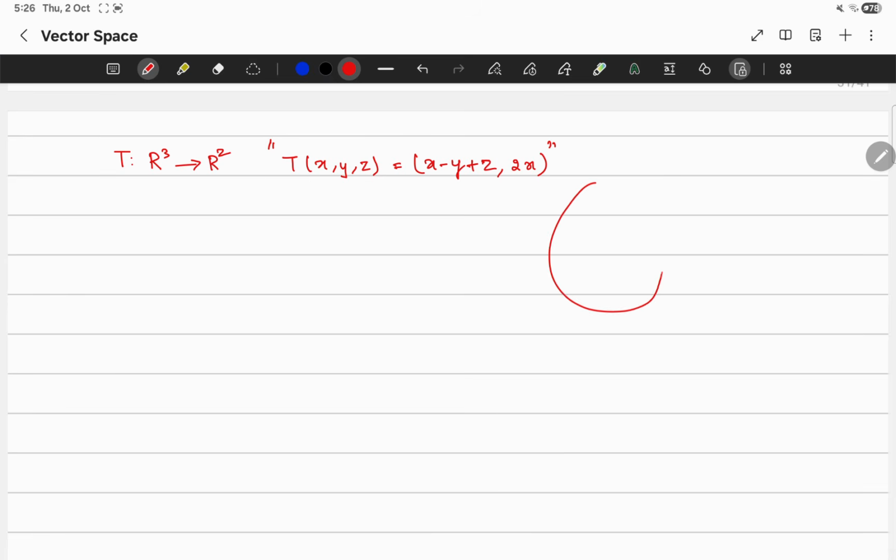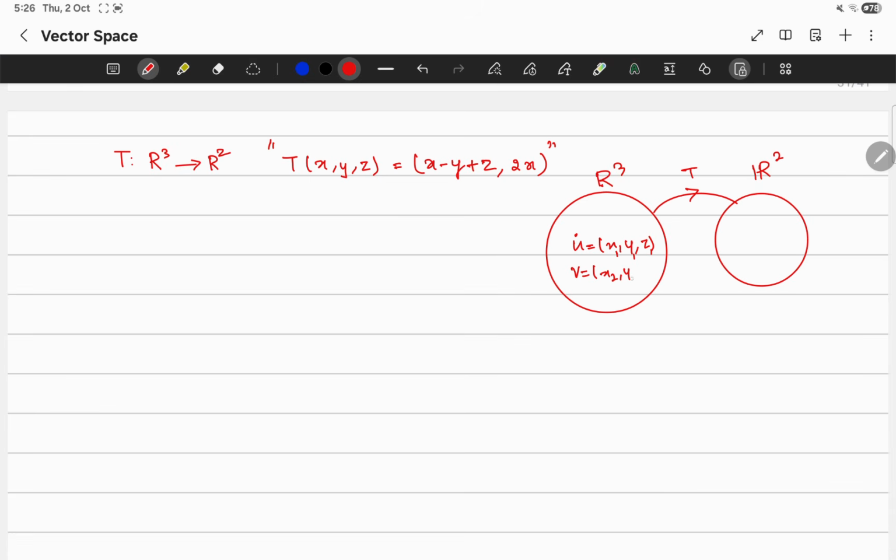As I told you, in the linear transformation you have a vector space V over F. Here you have this R3, so this first set is your R3 and your codomain is your R2, and T is a function from R3 to R2. So if you have the element u, that means it has coordinates (x1, y1, z1), and your v has coordinates (x2, y2, z2).